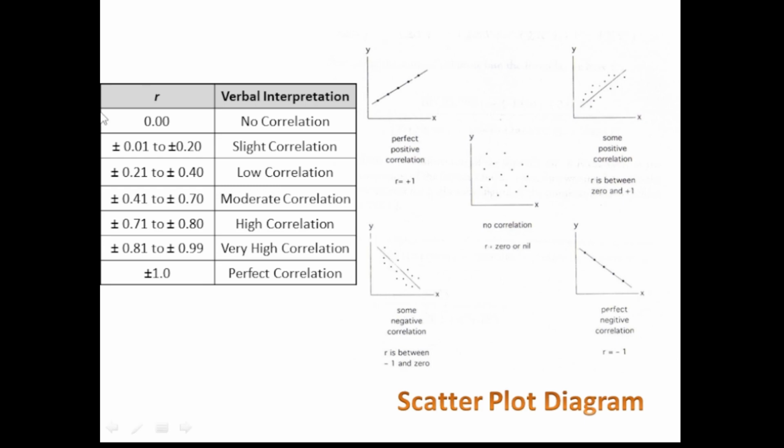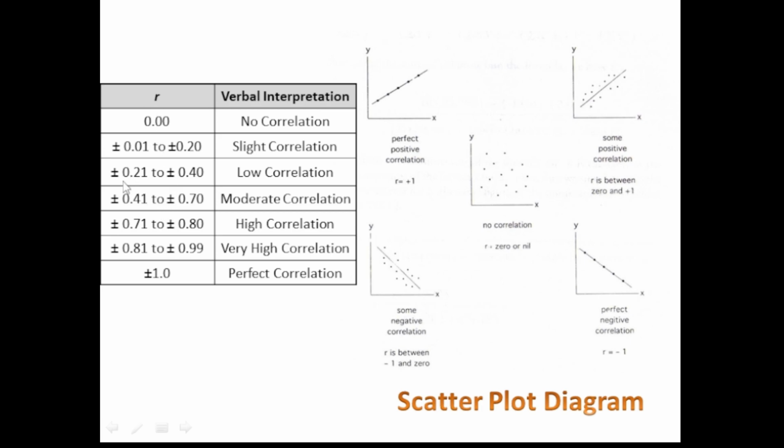Okay, for example, yung r natin ay 0. So, yung interpretation nun ay there's no correlation at all. Wala silang relasyon, as in wala. Okay, kapag ang result naman ay positive or negative 0.01 hanggang positive or negative 0.2, slight correlation, meron relasyon, bahagya lang.